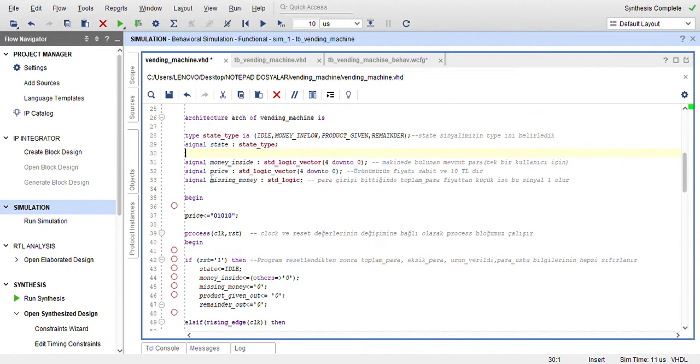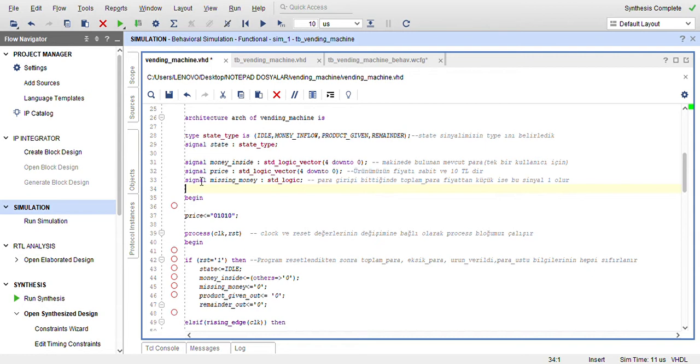Then we have three signals. Our first signal is money inside. It shows how much money is placed in our vending machine. We write std logic vector 4 down to 0. This shows our signal has 5 bits. The second signal is price.